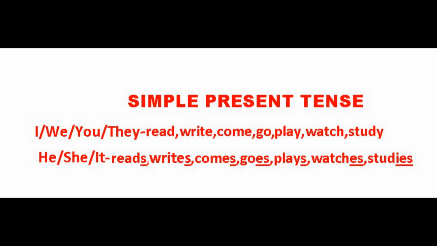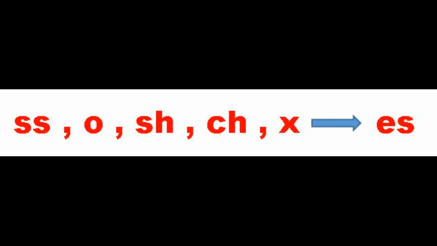Here we can see that most of the verbs end with s. If the last letter of the verb ends with ss, o, sh, ch, x, it will change to es. If the final letter of the verb is y, and it is preceded by a vowel, then we just add s.